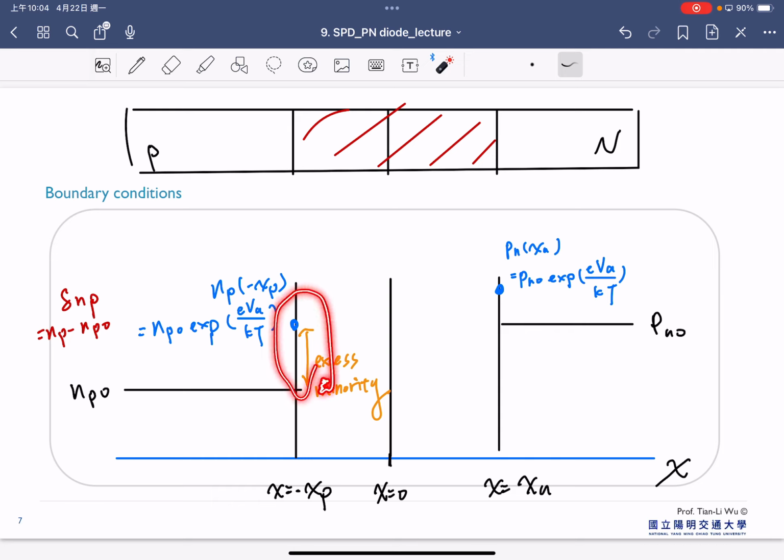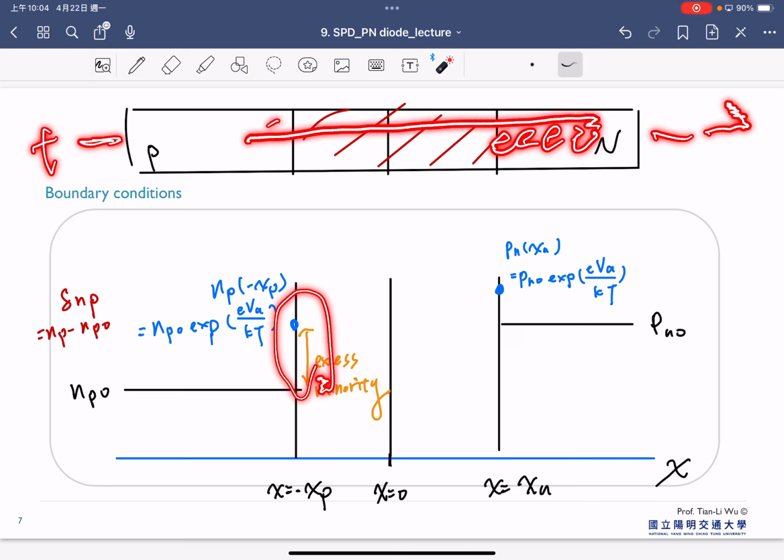Right now we are under the forward bias. The forward bias means this is a positive voltage and this is a negative voltage. From the previous band diagram, we already know that under forward bias, your potential barrier is decreased, and therefore your electrons can start to flow from right to left. That is like the additional injection of electrons into this P region, so this will become excess carrier.